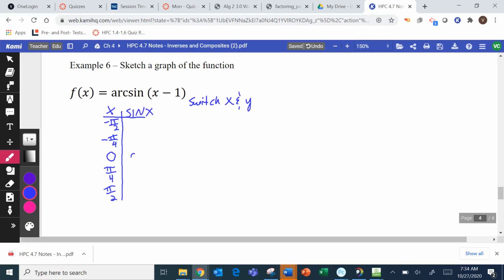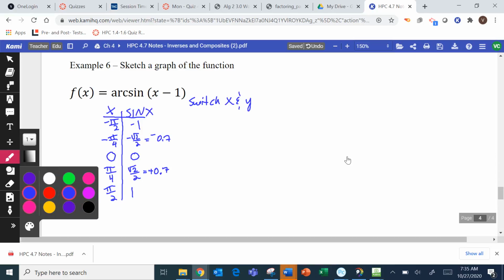At 0, sine is 0. At pi over 2, it's 1. At negative pi over 2, it's negative 1. And then in between, these are radical 2 over 2's, which I just stuck in my calculator. So it's negative 0.7. Oops, this would be positive 0.7. Okay, so now I'm going to go ahead and switch x and y.